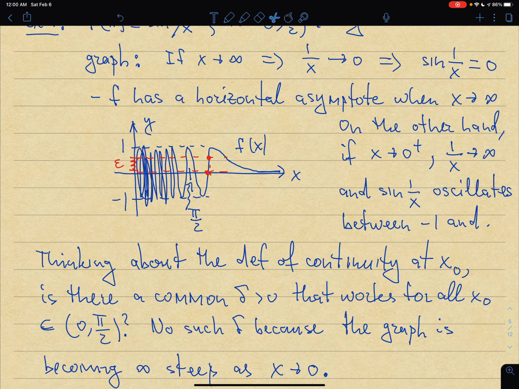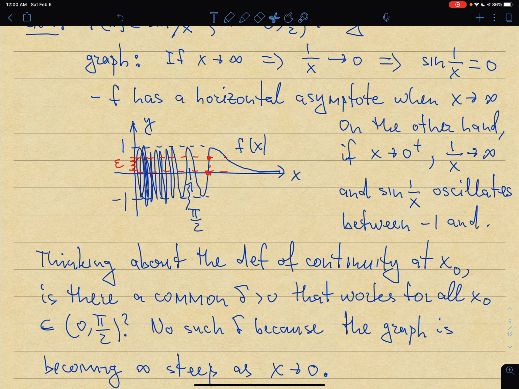Let's say we want to show that f is not uniformly continuous on the interval from 0 to pi over 2. So what do I know? I know that sine of (pi over 2 plus pi n) is equal to what?